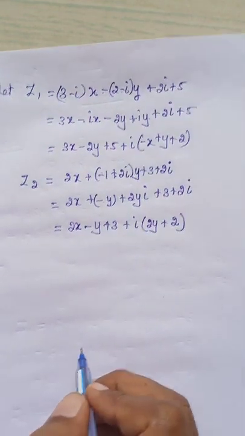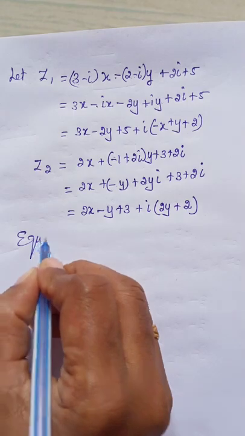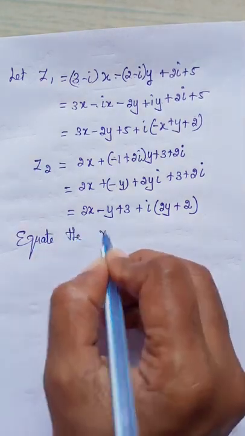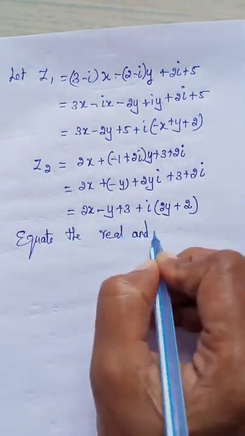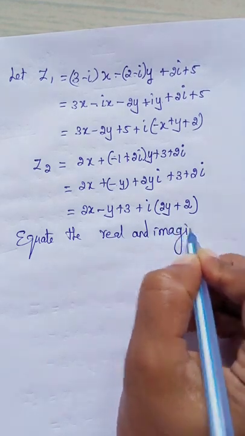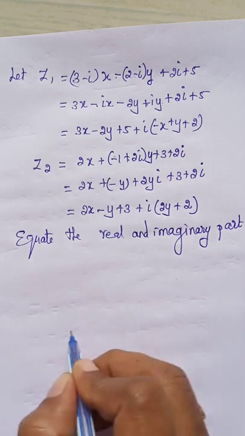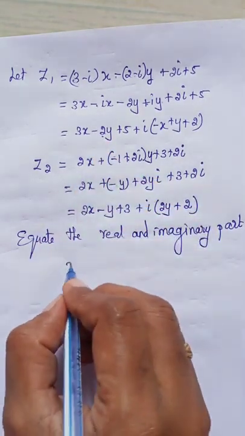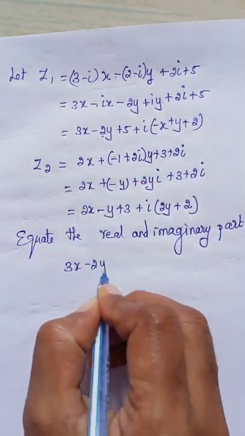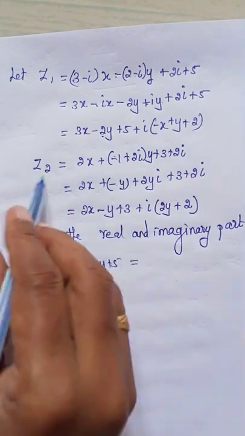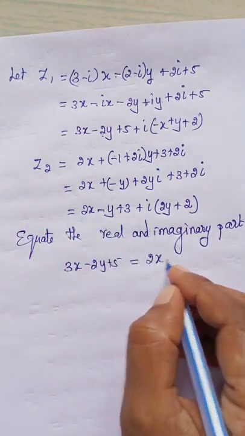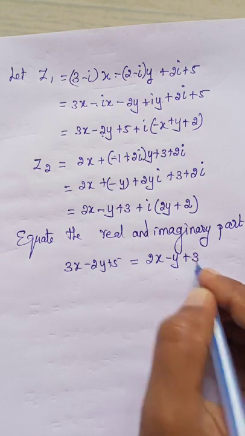Is that clear? Now what we should do? Equate the real and imaginary part. So what is the real part there? 3x minus 2y plus 5 equal to, in z2 the real part is 2x minus y plus 3.